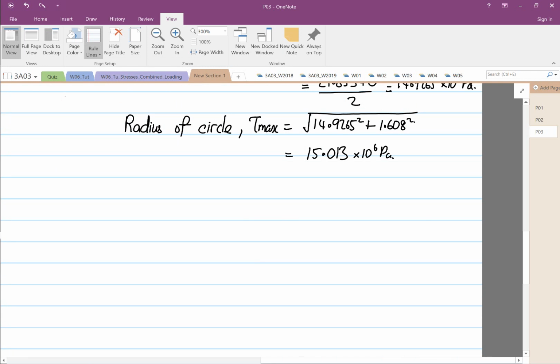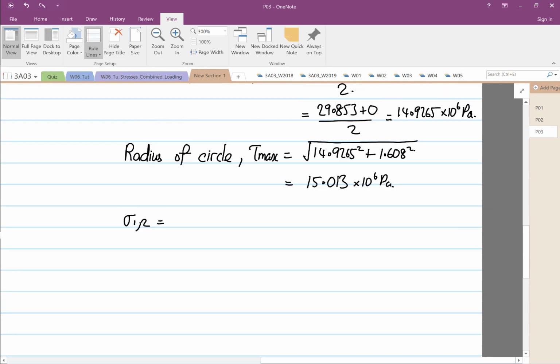So our principal stresses, stress 1, 2 is equal to stress average 14.9265 plus or minus 15.013. So you have two possible solutions. The first one is 14.9265 minus 15.013, which is minus 0.0865 megapascal.